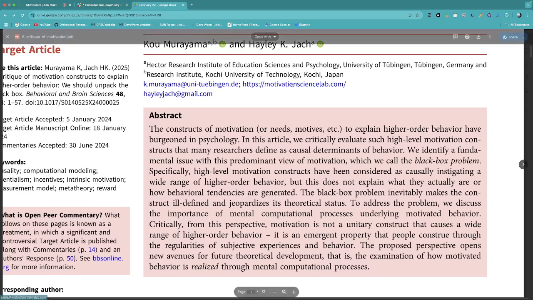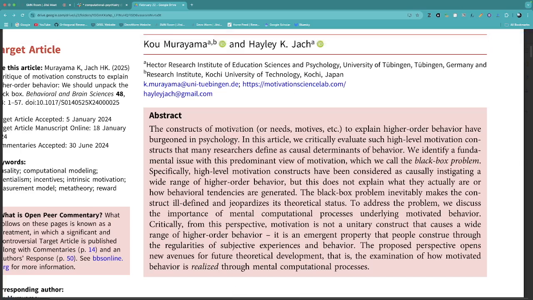So let's start with the abstract. The abstract is: the constructs of motivation or needs, motives, etc. to explain higher order behavior have burgeoned in psychology. In this article, we critically evaluate such high-level motivation constructs that many researchers define as causal determinants of behavior.